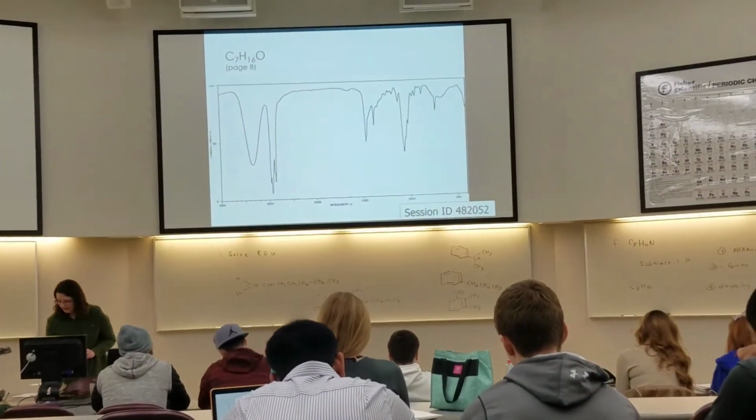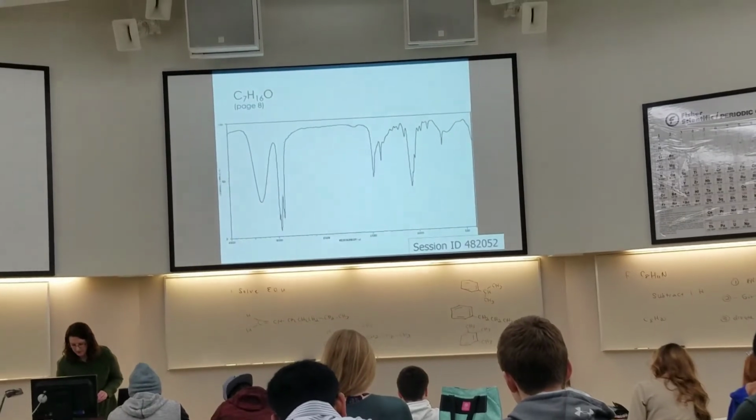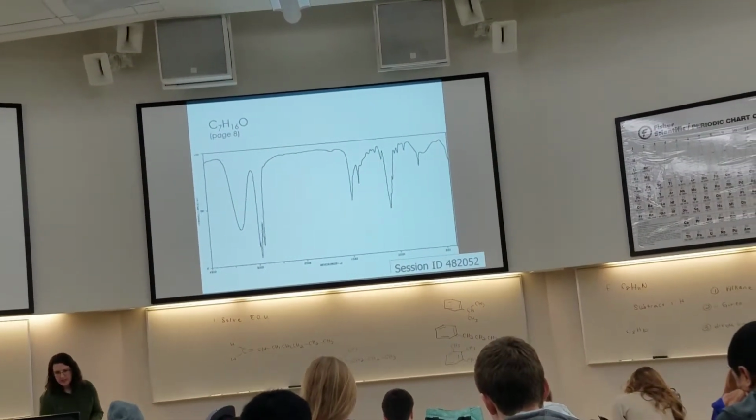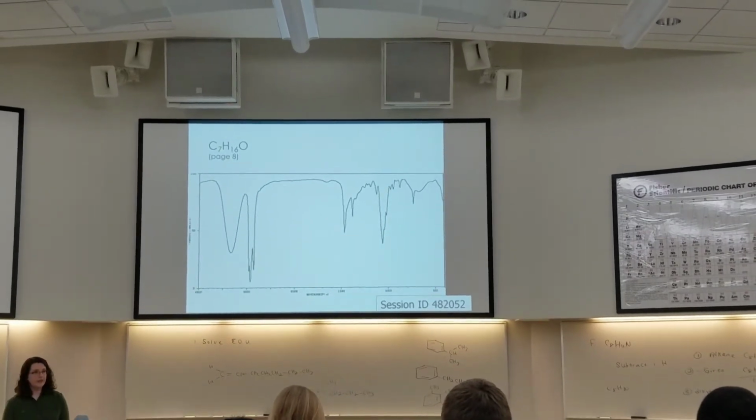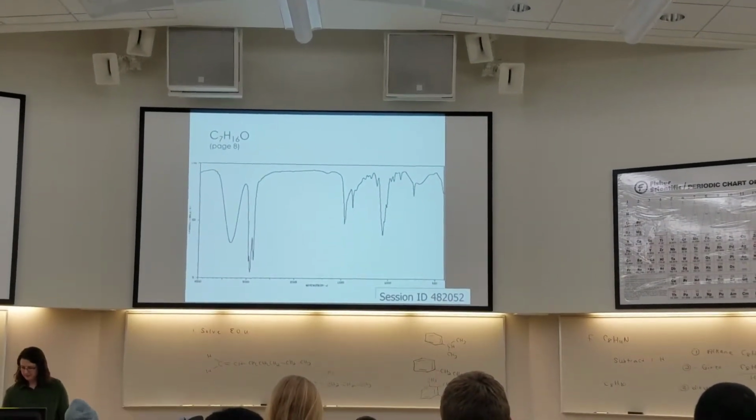Okay, one more. The bottom one on the page, right? C7H16O. Calculate elements of unsaturation.